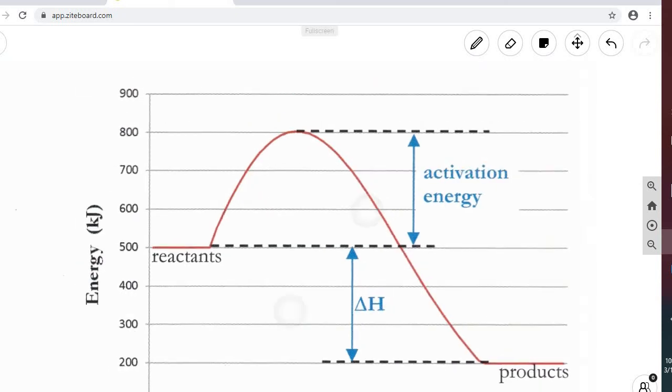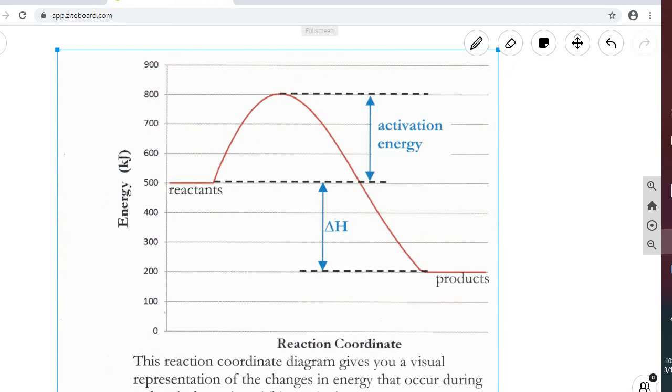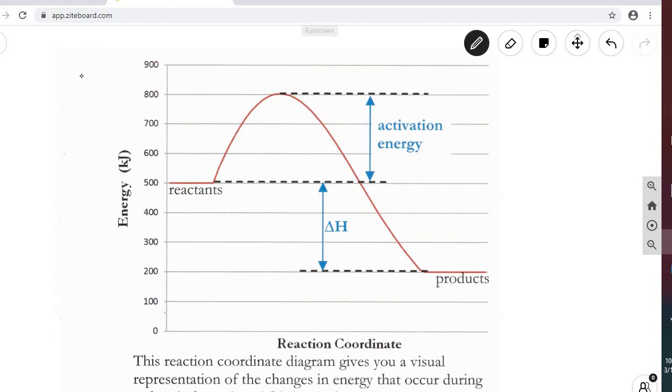Okay, so here is a graph of how we could picture activation energy. So the y-axis on this graph is the energy in kilojoules, and then this is just time on the x-axis.